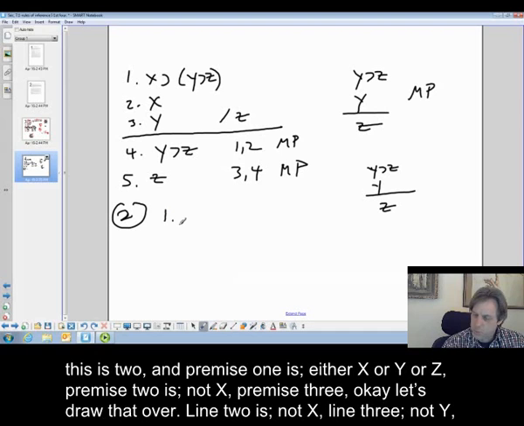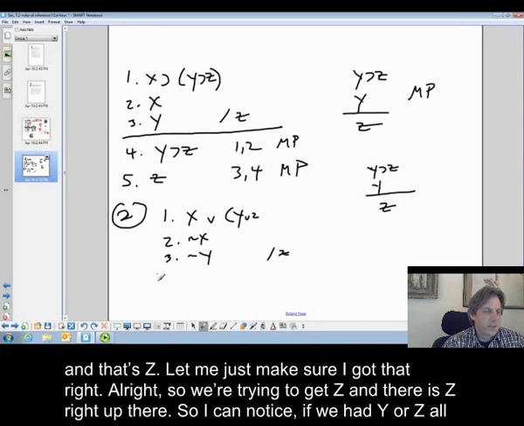Premise 1 is either X or Y, or Z. Line 2 is not X. Line 3 is not Y. And that's Z. Okay.